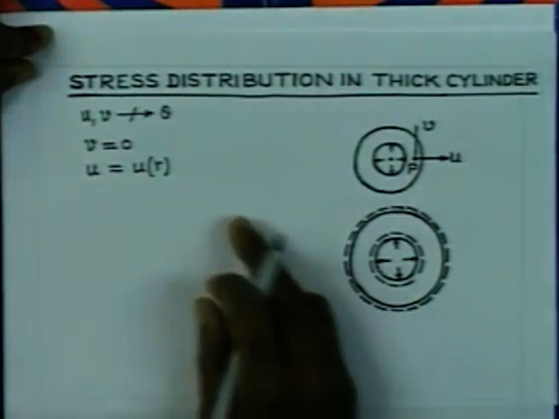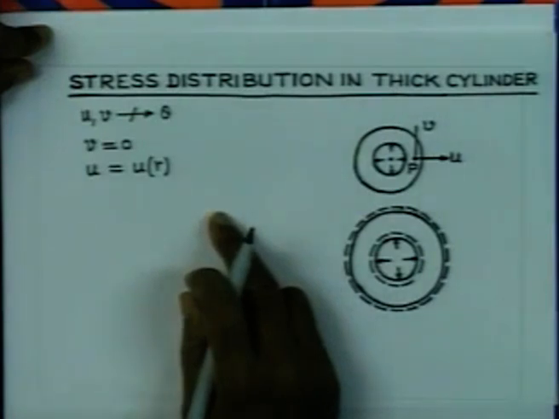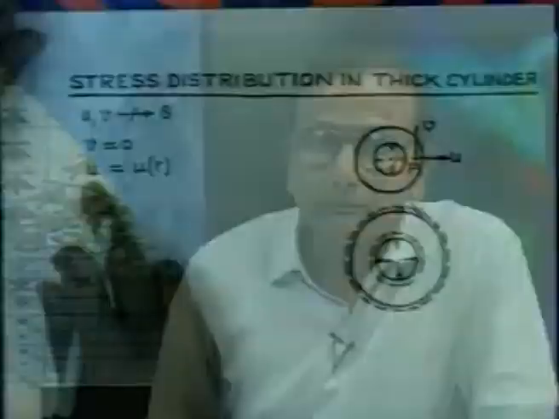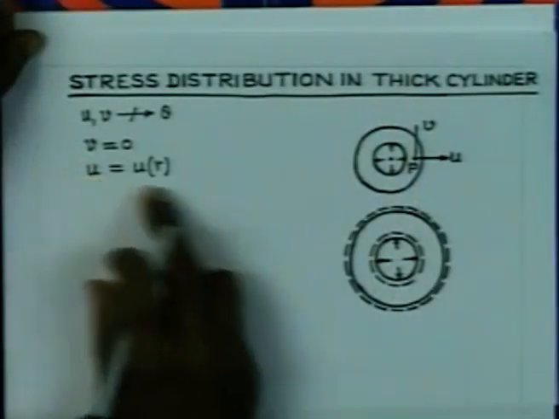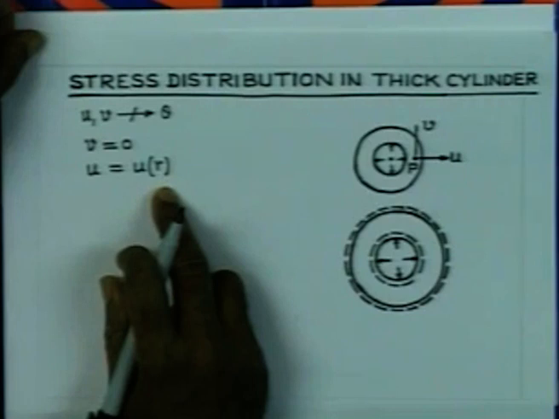Strains are related to the stresses by Hooke's law. Therefore, if we are in a position to find out the displacement, then we are in a position to calculate the stress distribution in the thick cylinder. So, therefore, the problem of stress distribution in thick cylinder is really a problem of determination of the distribution of this displacement in the thickness direction.